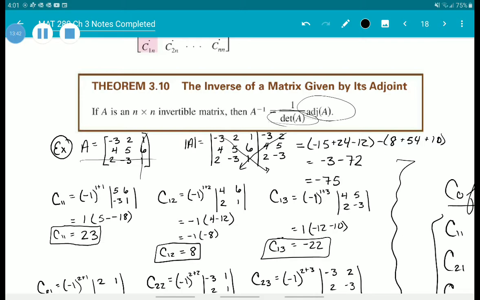If you were programming something, let's say you were creating a program to find the inverse matrix because maybe you needed to solve a system of equations, this may be a better way to do it because it could eliminate some round-off error. When you create programs, remember, it's not going to remember the fraction, it's going to remember the decimal representation of the fraction.